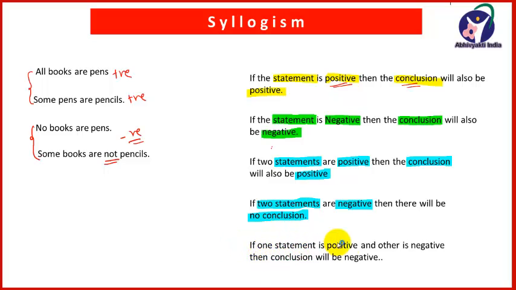Similarly, if one statement is positive and the other statement is negative or vice versa, if you are joining the two statements or combining two statements to come to the conclusion, then in those two statements, if one statement is positive and the other statement is negative, then the conclusion will also be negative.